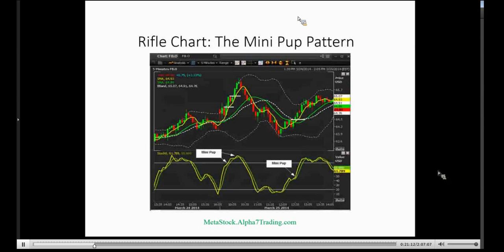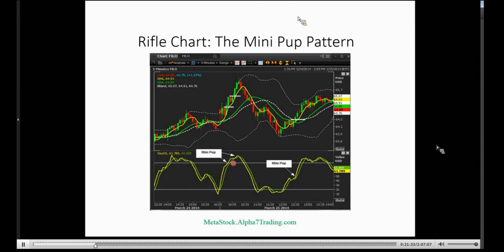Now, a mini pup is the same thing, but it happens on the stochastics. So with the mini pups, keep in mind that when a stock moves up, the stochastics also move up. When a stock moves down, stochastics should pretty much follow back down. That is your cookie cutter movement with your stock price and your stochastics.